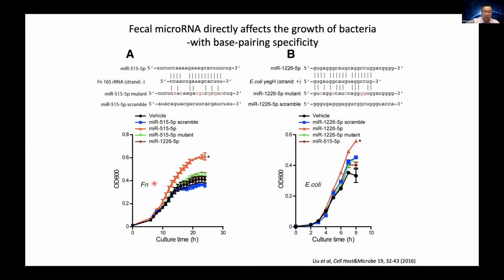Here's an example of Fusobacteria, and then another example of E. coli. And this seems to be sequence specific, because this one, miR-515, can only increase the Fusobacteria. It cannot increase the abundance of E. coli, and vice versa too.